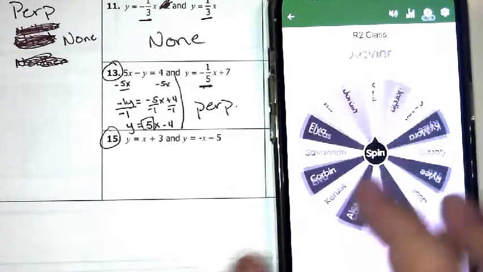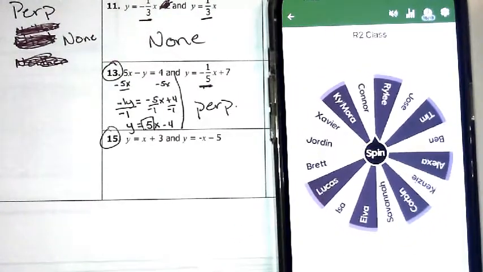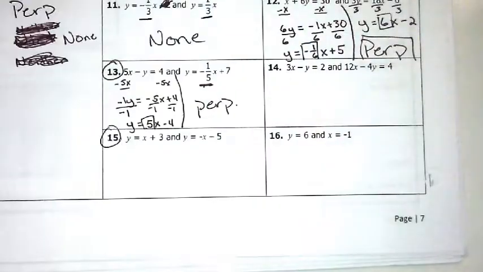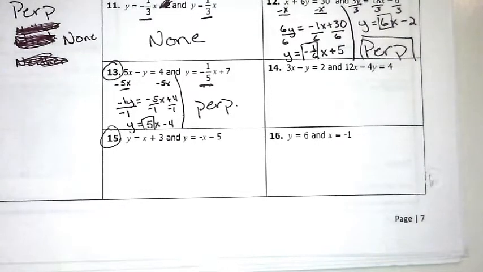Connor! It's a good thing you don't need to solve anything. You just need to look at it. What'd you get? Why is it perpendicular? Because they're different.